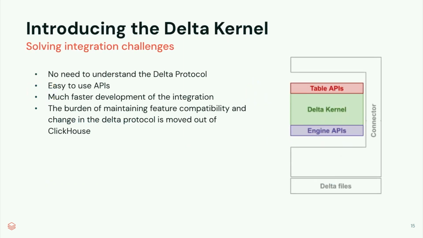So the Delta Kernel comes in two flavors. There is a Java library and there is a Rust library. Basically, it provides you with a set of APIs that help you plug in your own readers, and you can indicate to the Delta Kernel which table you want to read from, and you have an interface between your client library and the Delta tables themselves.